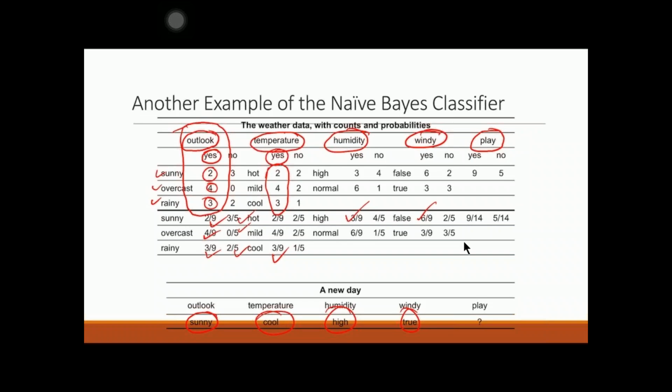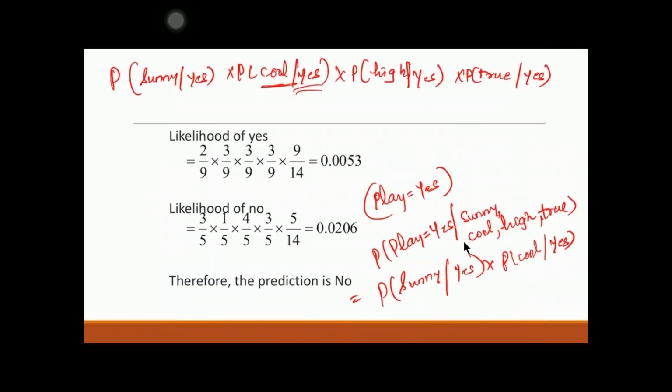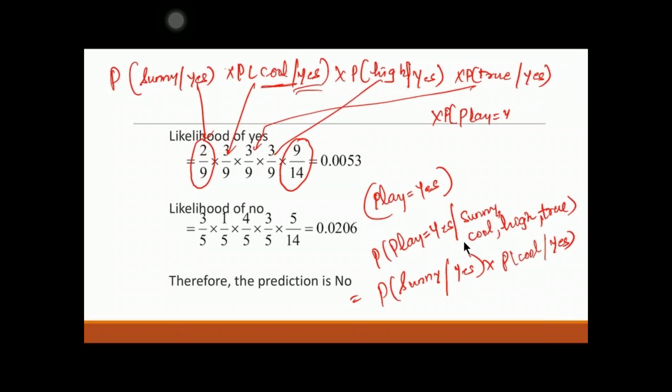It's already written there. So just to put into perspective, these are the values: 2 by 9, 3 by 9, 3 by 9, 3 by 9. And what is this? 9 by 14. So if we go to this formula, we also have the probability of play equal to yes.